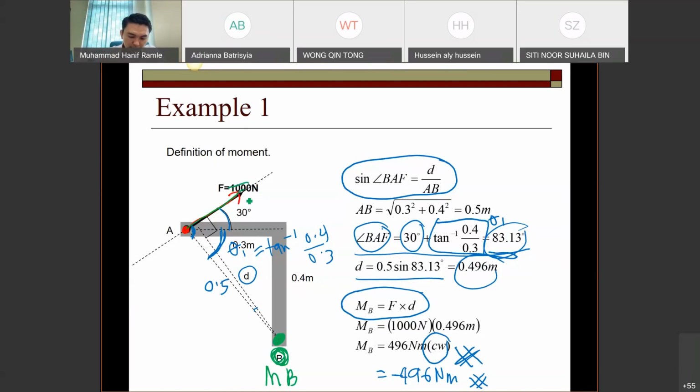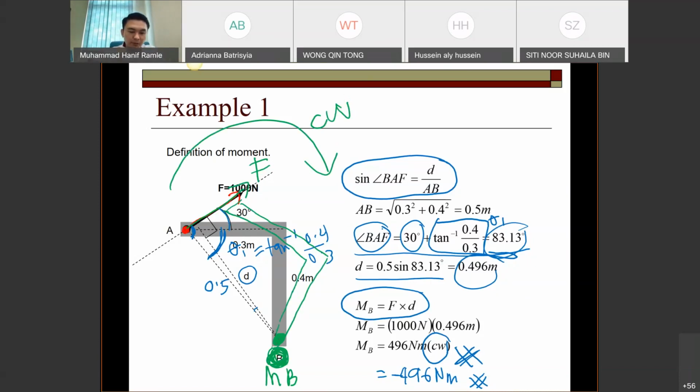So we have this force. If you fix at this point B, this rigid body will move like this, meaning that it is clockwise.